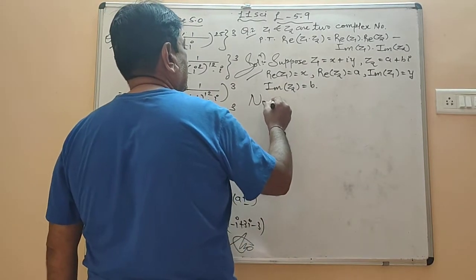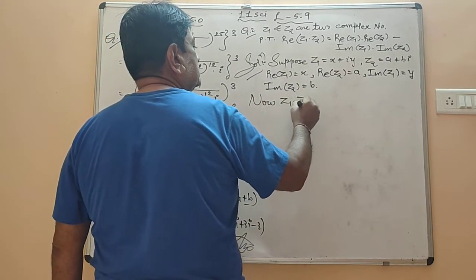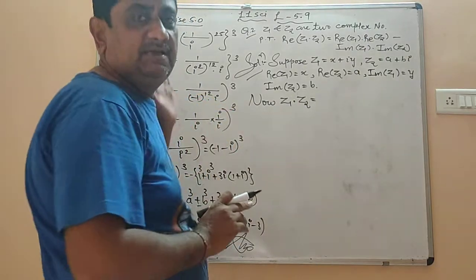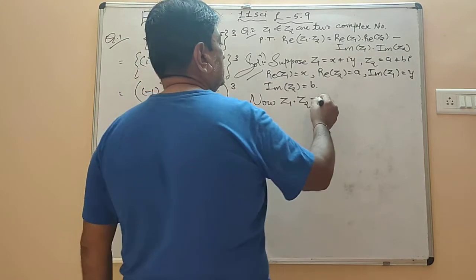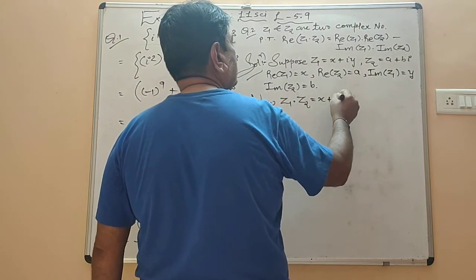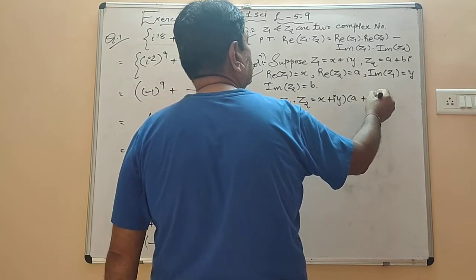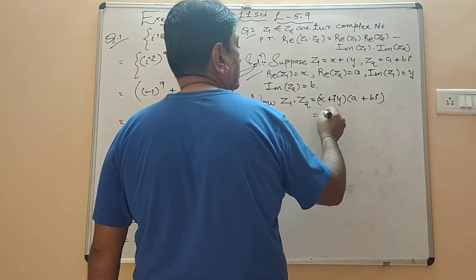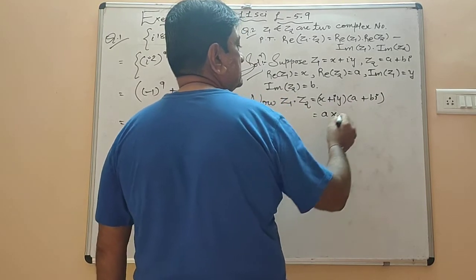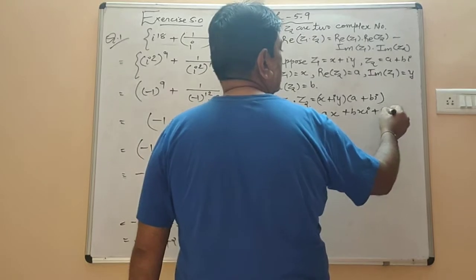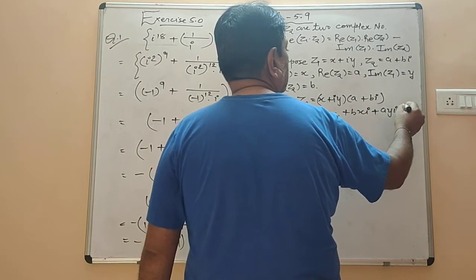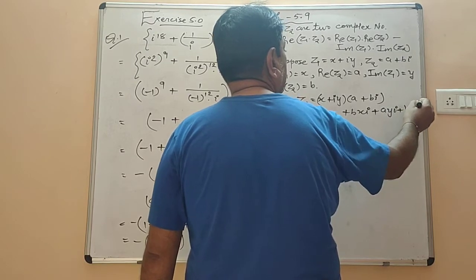Now Z1 into Z2 करेंगे. बाद में सोचेंगे कि इसका रियल पार्ट क्या है. Z1 into Z2, it is x plus iy into a plus bi is equal to ax plus bxi plus ayi plus ybi square.